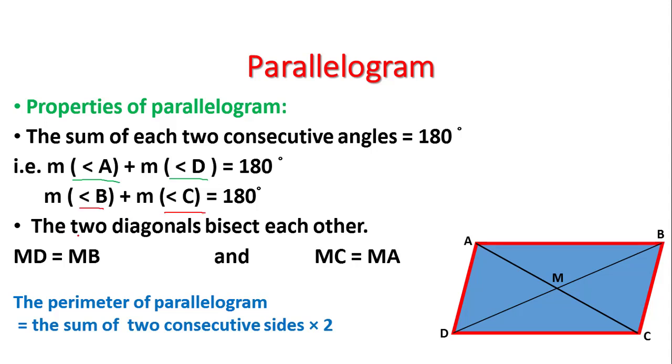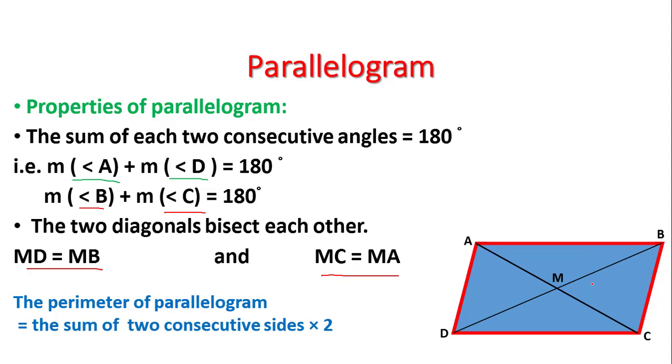Also, the two diagonals bisect each other. It means that the length of MD is the same as the length of MB, and MC equals MA. So they intersect at the midpoint.